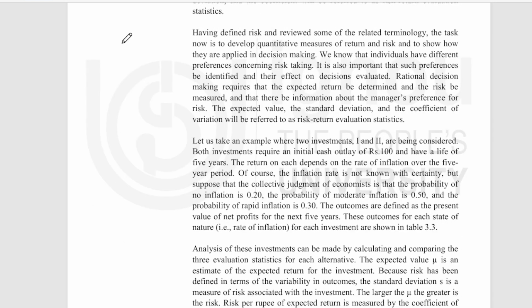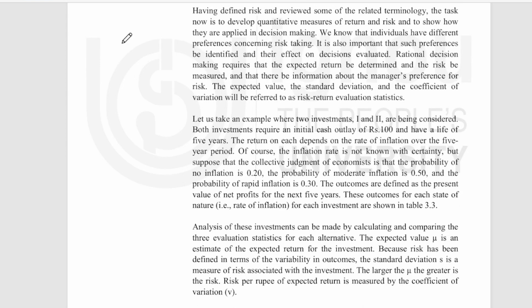Having defined risk and reviewed some of the related terminology, the task now is to develop quantitative measures of return and risk and to show how they are applied in decision making. And we know that individuals have different preferences concerning risk taking. It is also important that such preferences be identified and their effect on decisions evaluated.